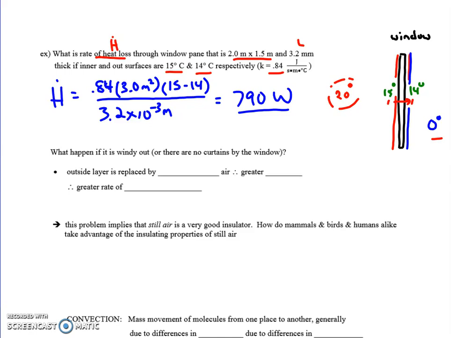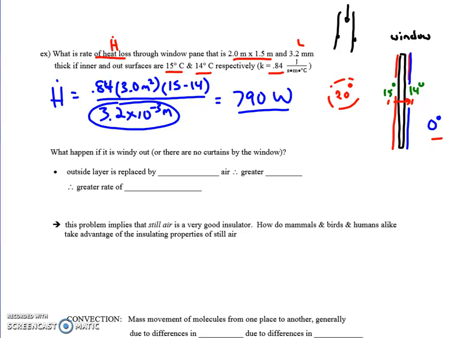So you might ask yourself, well, how could we offset this? Well, if you look at really good windows, they might be double paned, okay? So they'll have a pane of glass, another pane, and between them, they'll have either a very, very thin pocket of air or even ideally a vacuum, because if there's a vacuum there, there's no way for molecules on each pane of window to collide with each other, so you're going to have practically no conduction.